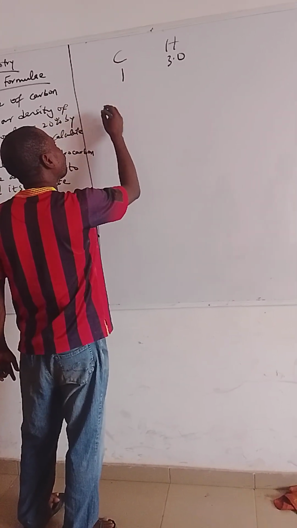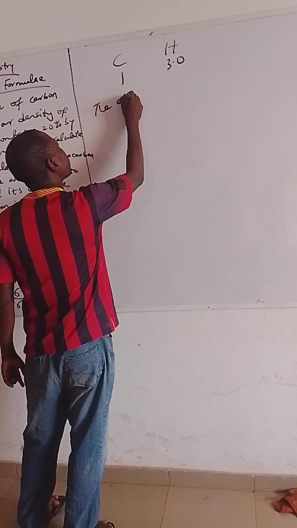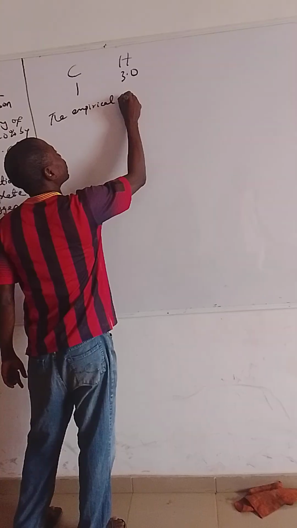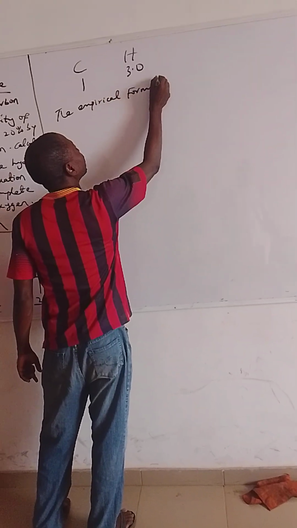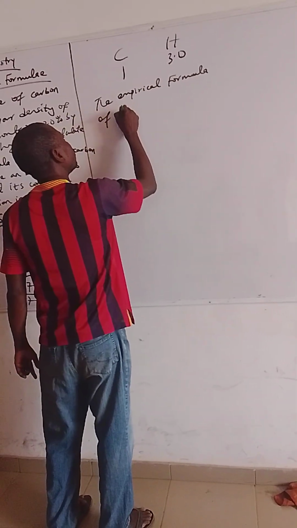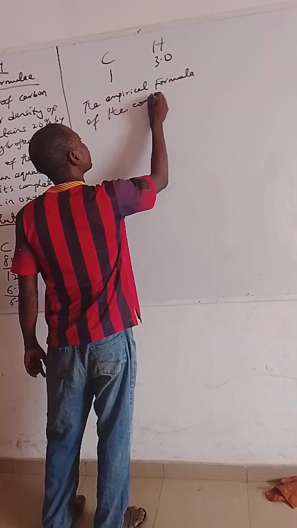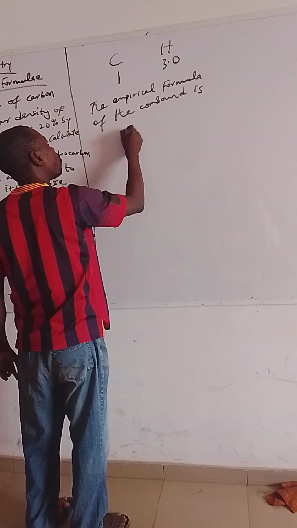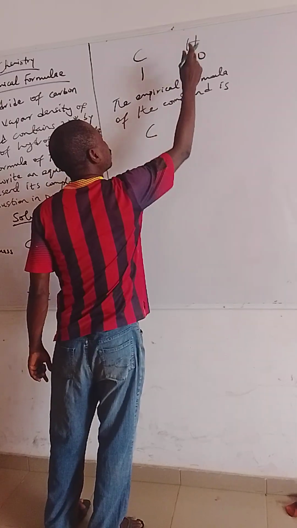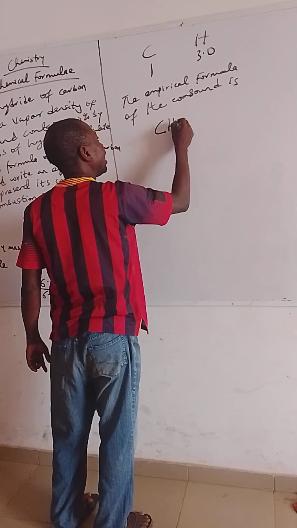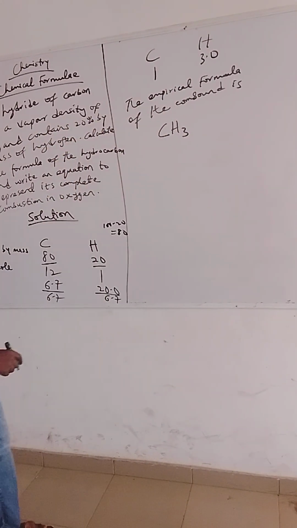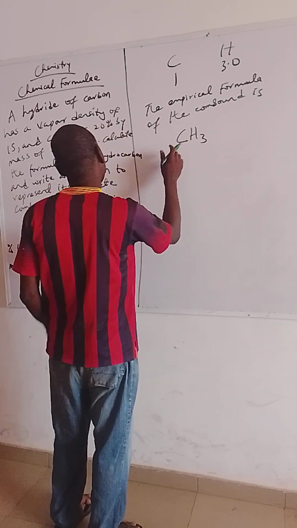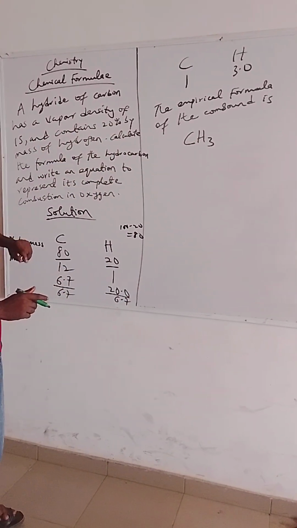That means the empirical formula of the compound is, now carbon has 1 atom, the hydrogen has 3, that is CH3. So the empirical formula of that compound is CH3. That answers the empirical formula part.